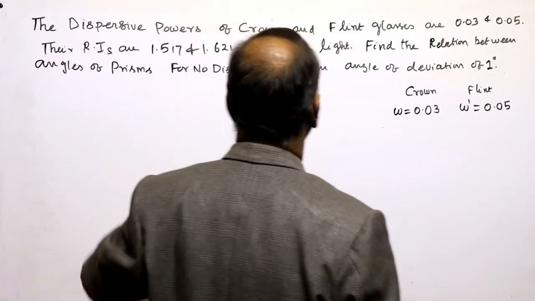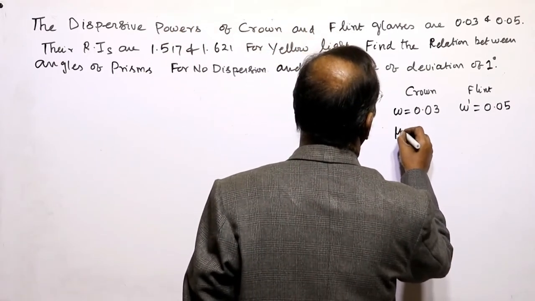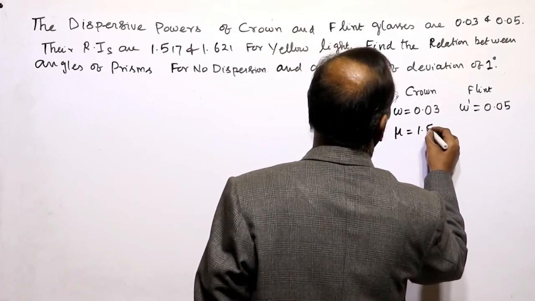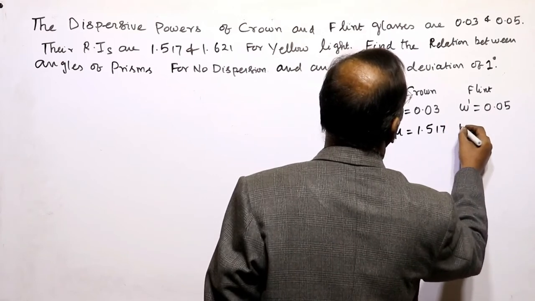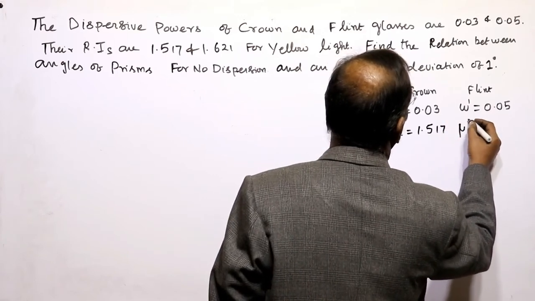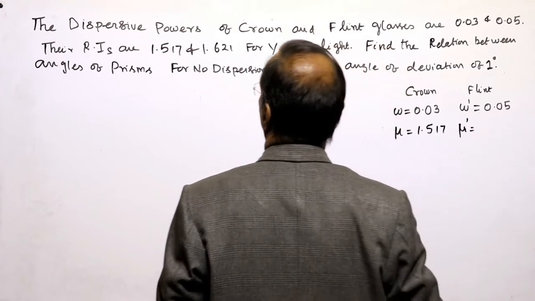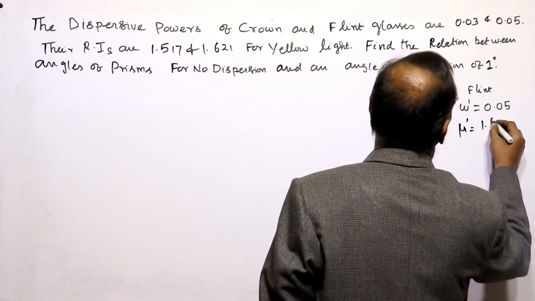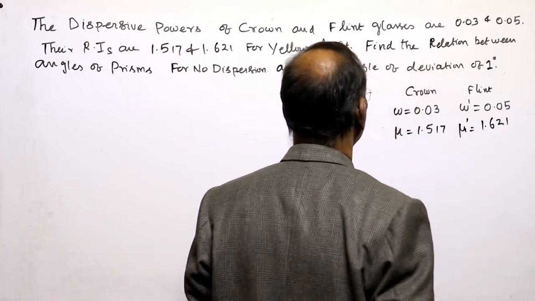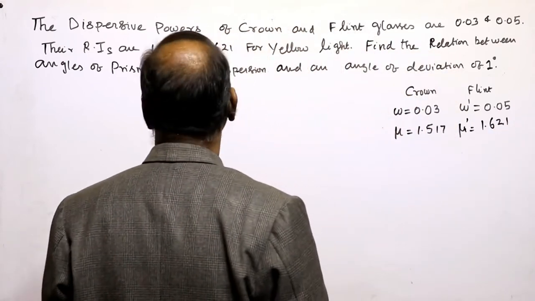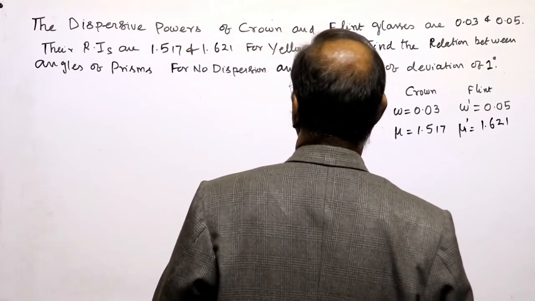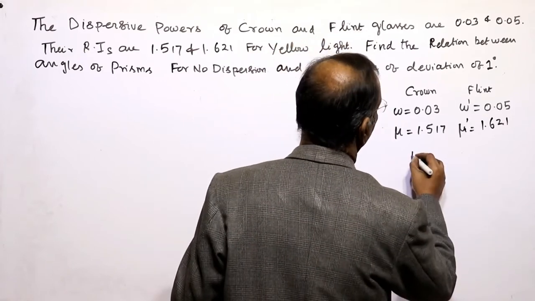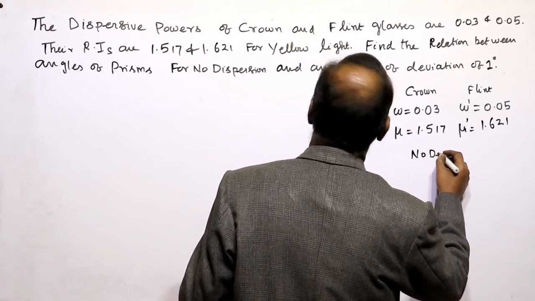And the refractive index of crown is equal to 1.517 and refractive index of flint is equal to 1.621. It is given the value. Find the relation between angles of prisms for no dispersion.